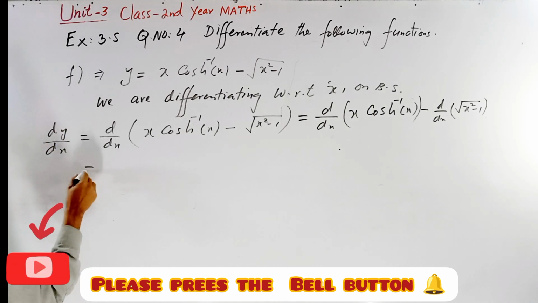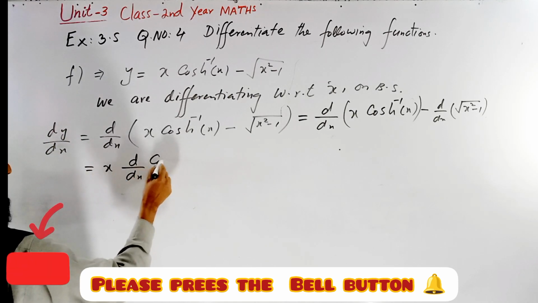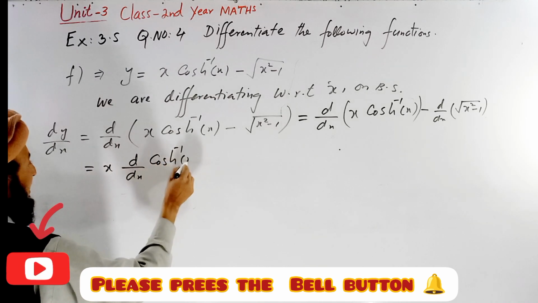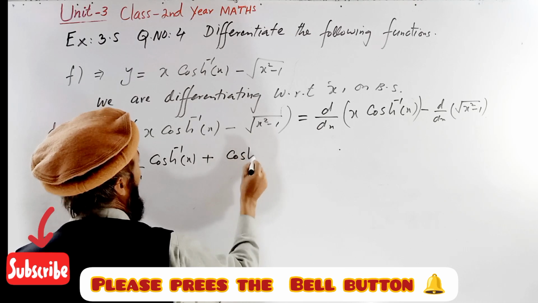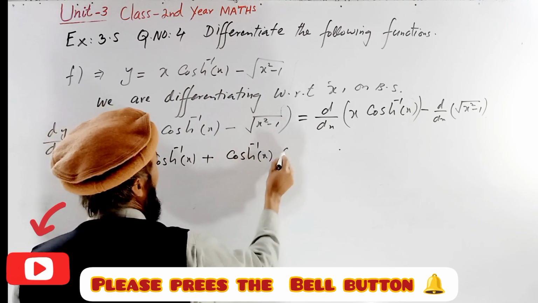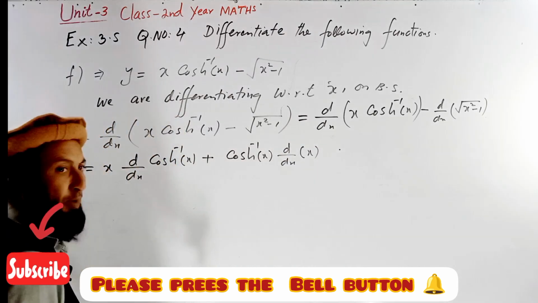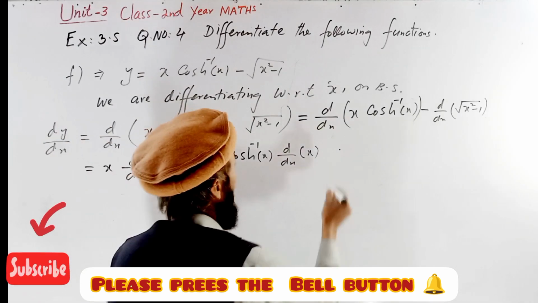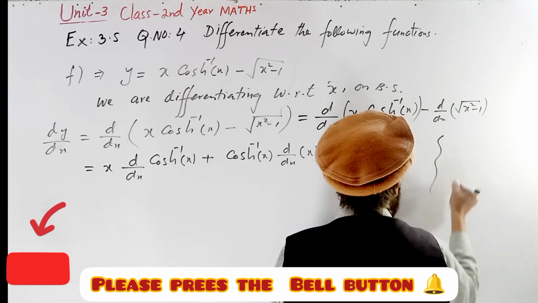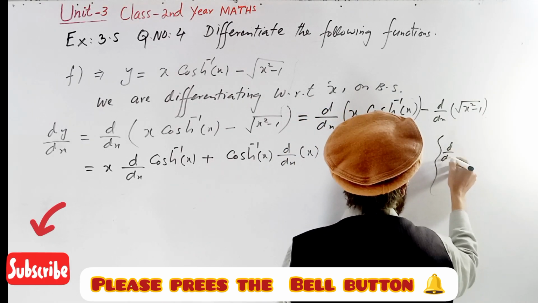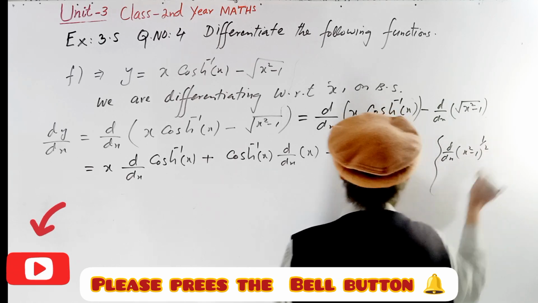We are using here x times the derivative of cos hyperbolic inverse x plus cos hyperbolic inverse x times the derivative of x, according to the product rule, minus, and for this term we can write dy by dx, the square root of x square minus 1, we can write as power 1 by 2.